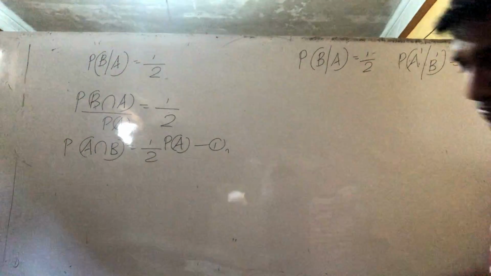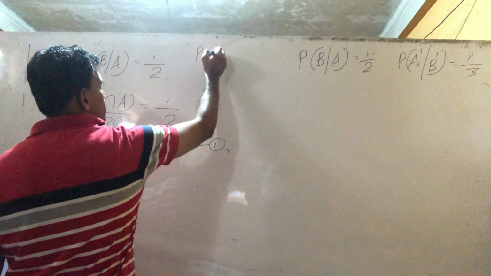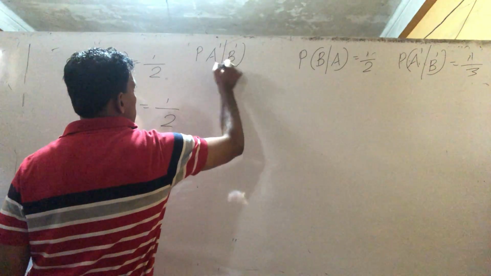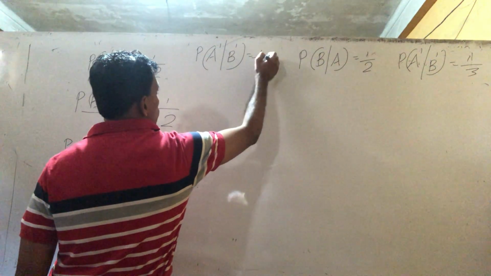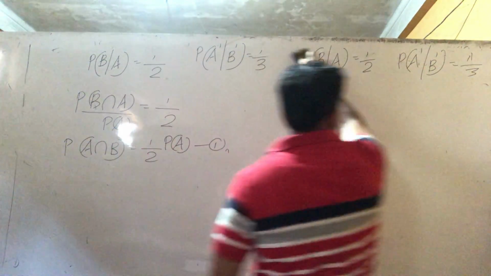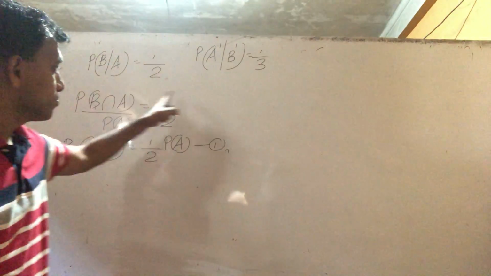Now come to the second one. Probability of A dash given B dash equal to 1/3. So write the same idea for this formula.